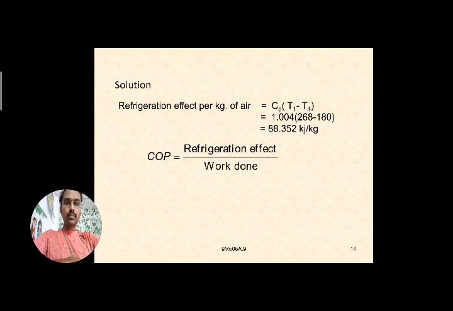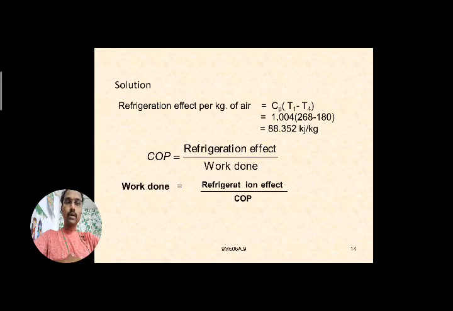Here we know that COP equals refrigerating effect by work done. We know the value of COP, which we have just found, and we know the value of the refrigerating effect. Next, to find the work done, we can use this formula, COP equals refrigerating effect by work done, and the same can be written as work done equals refrigeration effect by COP.